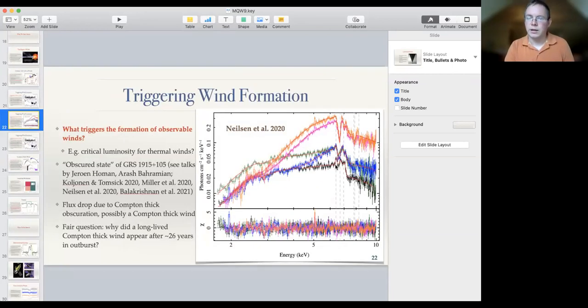So here in the low state, when you're not flaring, you have iron K alpha, and you also have hydrogen and helium like iron emission. So in that case, I think that is observed in some cases.